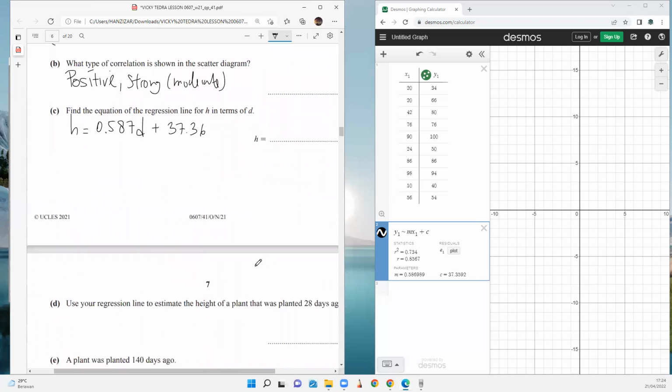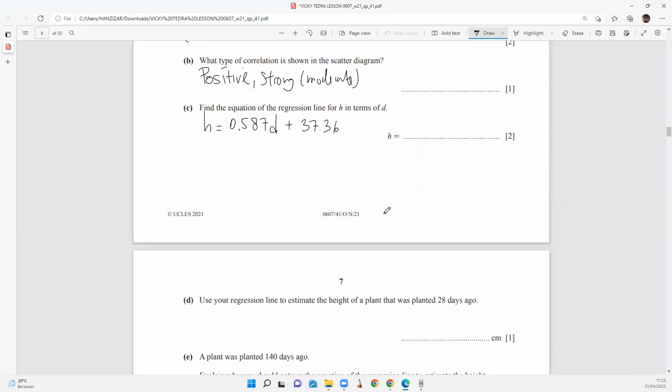Next, use your regression line to estimate the height of a plant that was planted 28 days ago. So d equals 28, so the height is 0.587 times 28 plus 37.36.